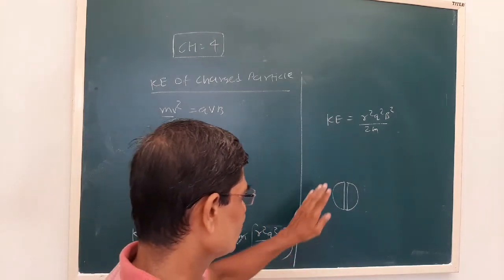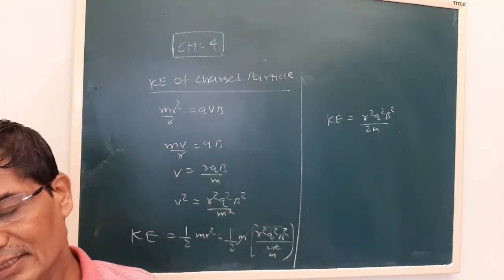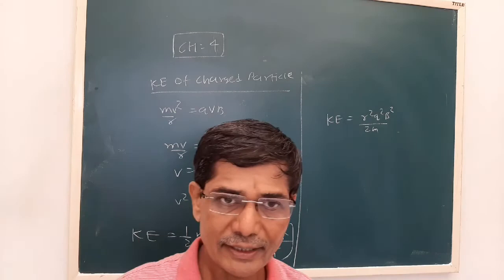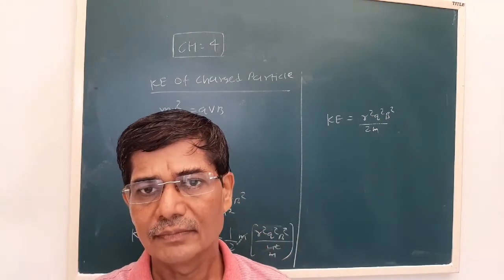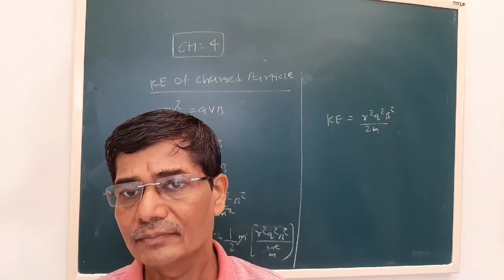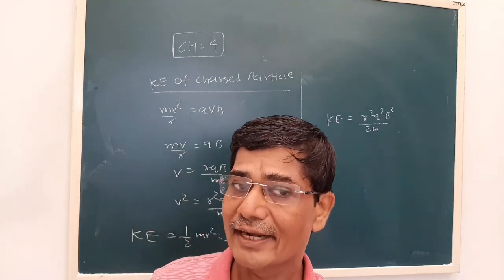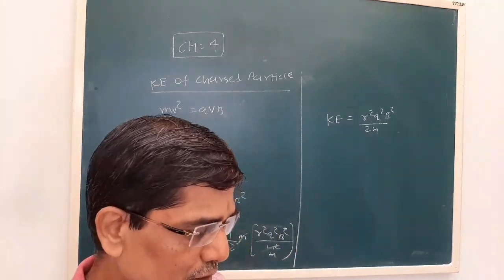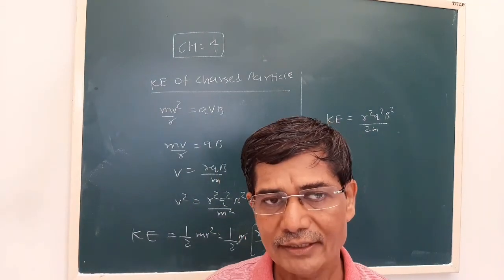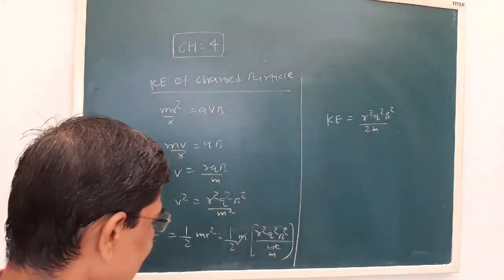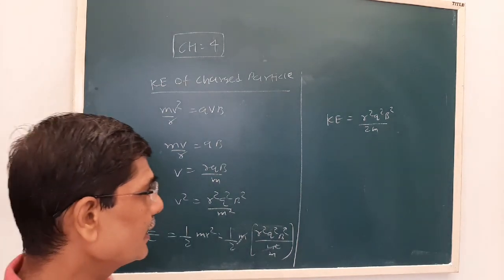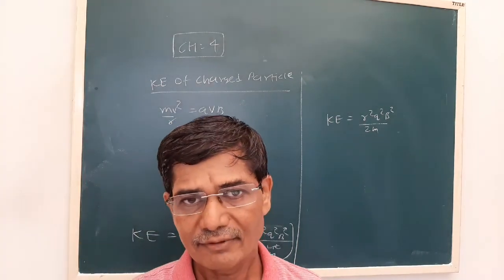An AC source is provided in terms of an oscillator, and that will provide energy to the charged particle. The magnetic field changes the direction and the electric field gives the energy. So a cyclotron is basically a device to accelerate charged particles. We have seen its construction and working, and the equations of the radius and the kinetic energy. Next time we'll proceed further.